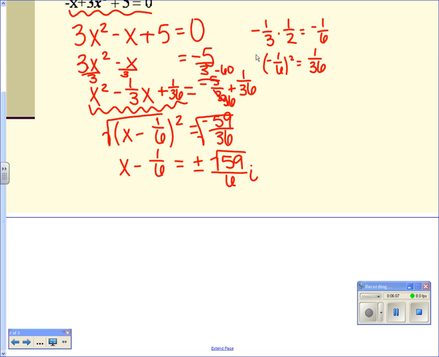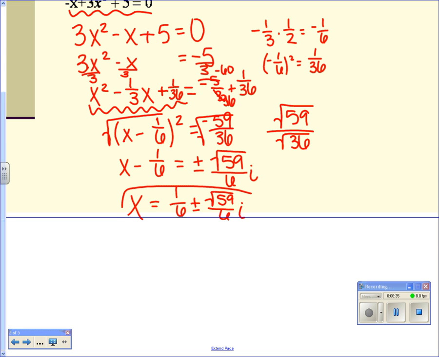What's the square root of 36? Does that make sense? Split it into two parts. We don't know the square root of 59, but we know the square root of 36. Any questions on this part? Okay. So what does x actually equal? Plus or minus 1 over 6 plus or minus the square root of 59 over 6. Does it matter which comes first on these?